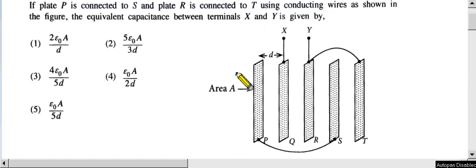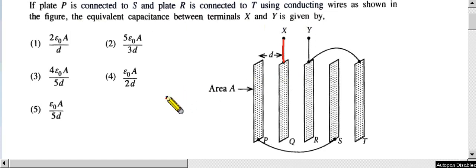So this is a complex network of capacitors, therefore we have to simplify this. Suppose this X terminal is connected to the positive battery terminal. Since this Q plate has 2 other plates at both sides, left and right, we have to take into account not the plate but the surfaces, the left side surface and the right side surface.